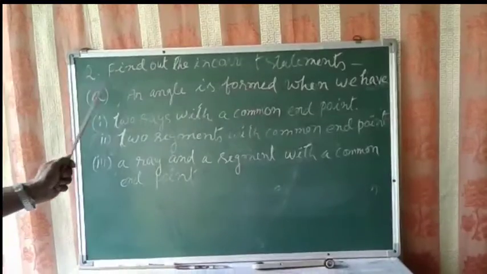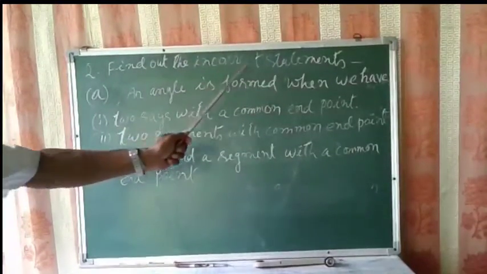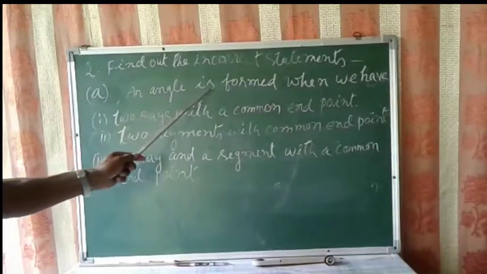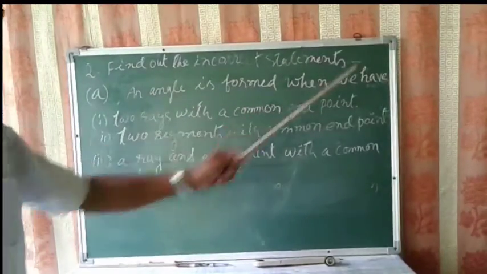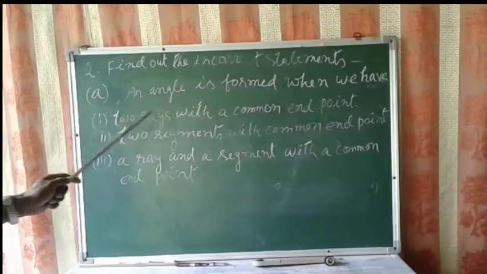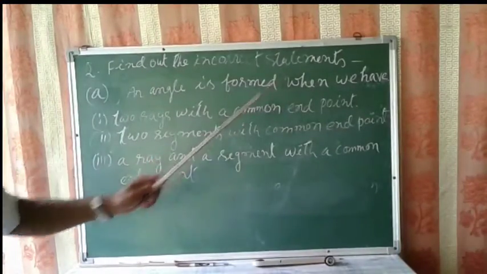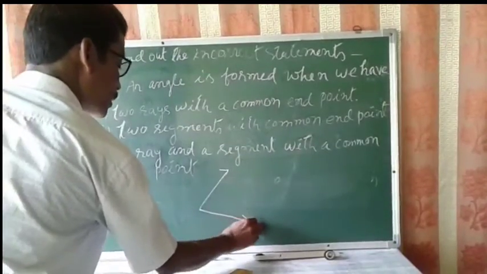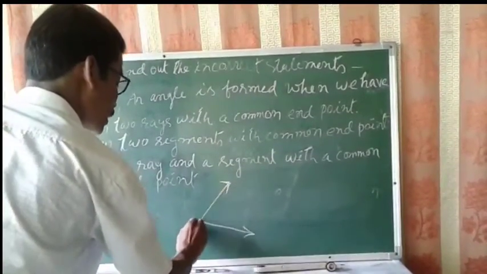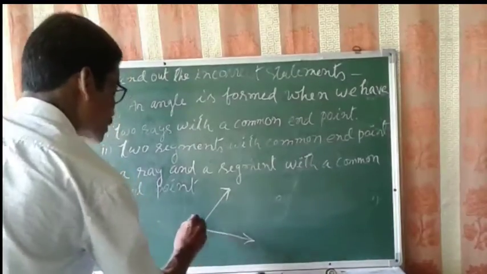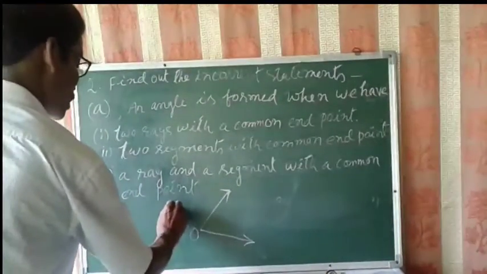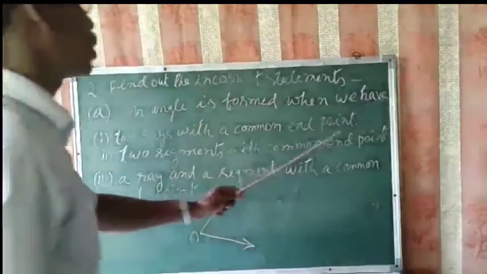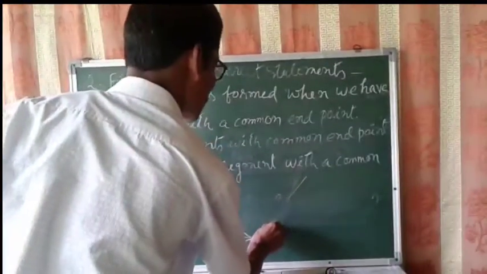Question number 2. Find out the incorrect statements. An angle is formed when we have 2 rays with a common endpoint. This is one ray and this is the other ray. Suppose the common endpoint is this one. This is number 1. Two segments with a common endpoint. What are called segments?